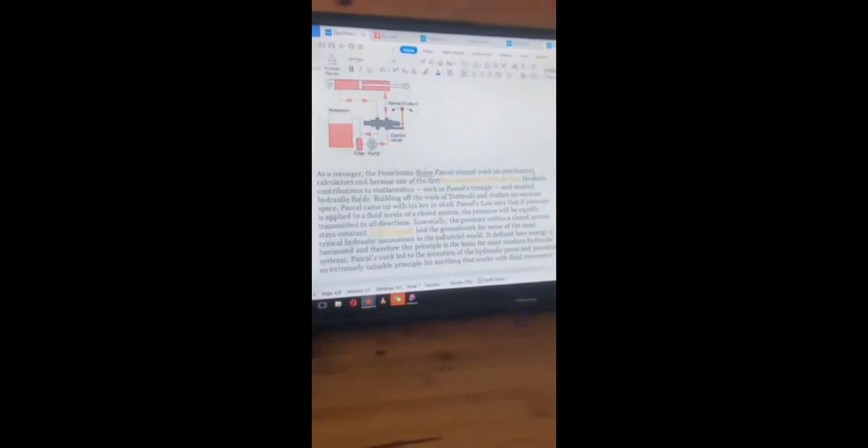Blaise Pascal started the work on mechanical calculators and became one of the first two inventors of the device. He made contributions to mathematics, as you all know, Pascal's triangle, and very many things. He also developed hydraulic fluids, built on the work of Torricelli, and studied vacuum space.